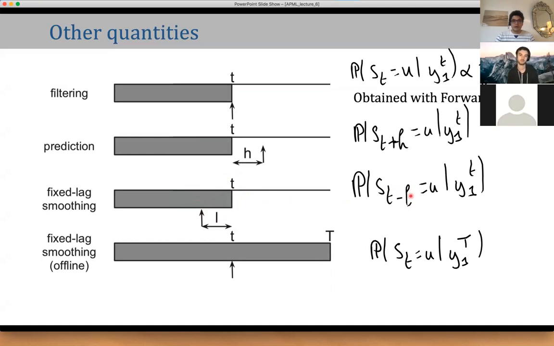Okay, and then there is the most extreme fixed lag smoothing. That's called smoothing in general, simply smoothing. We will see about that shortly. This is just the marginal posterior probability of inferring the possible hidden states at position t given the whole sequence.